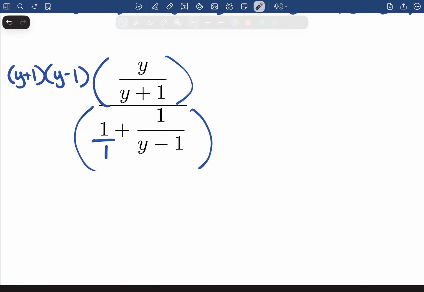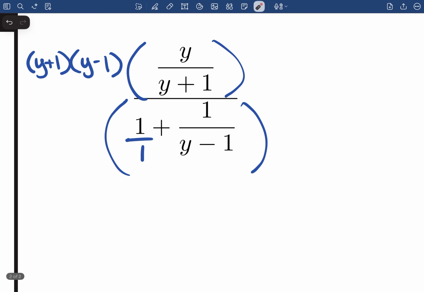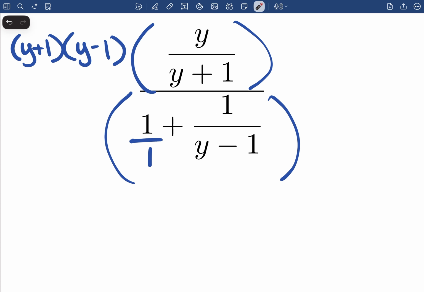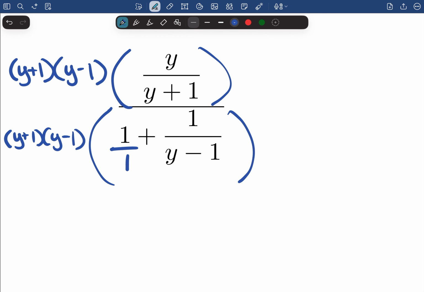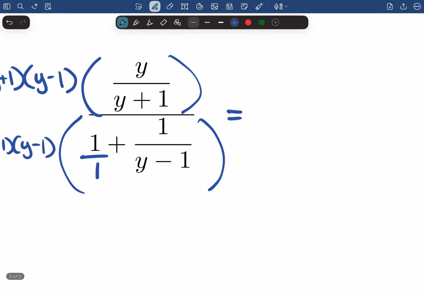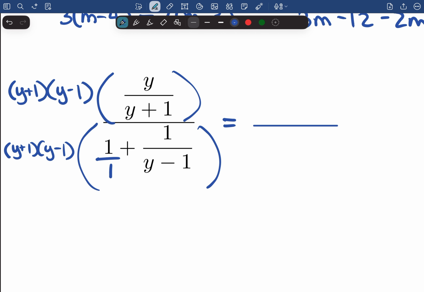And the factor of 1, I can make it invisible, right? 1 times that stuff is just that stuff. So we don't need to worry about that one. But we're going to multiply the same stuff down here. Great, and this will clear all of our fractions. That's what's so great about multiplying by the LCD.